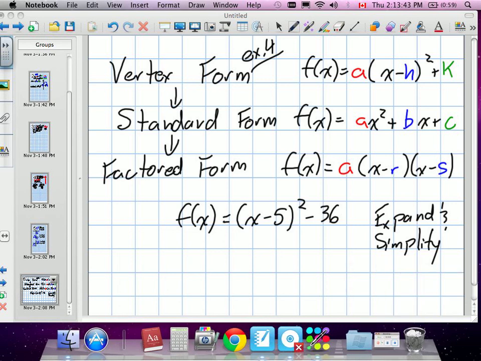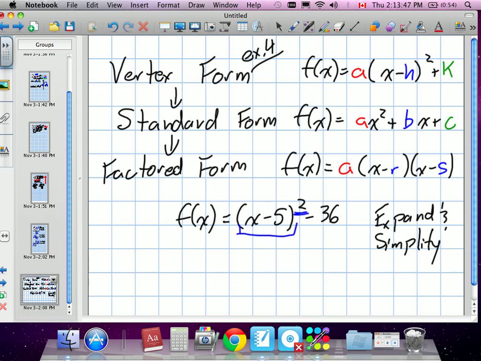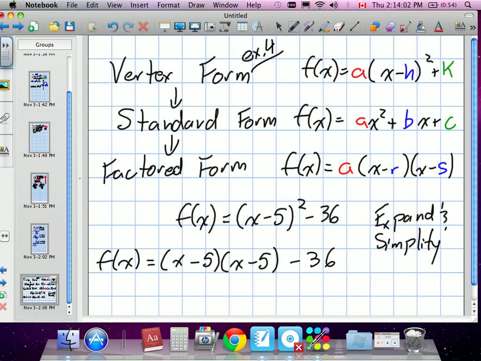So in other words, we need to repeat this bracket twice. f of x is equal to (x minus 5) times (x minus 5) minus 36. I'm going to use either FOIL or the rainbow method. You can choose. I'll quickly do the rainbow method for you.